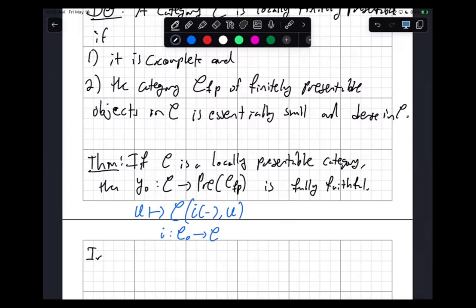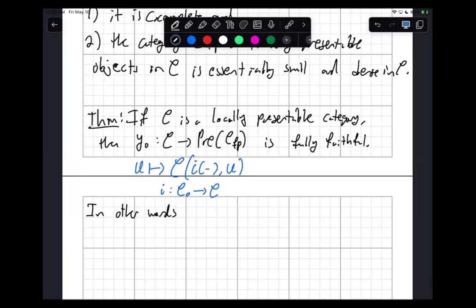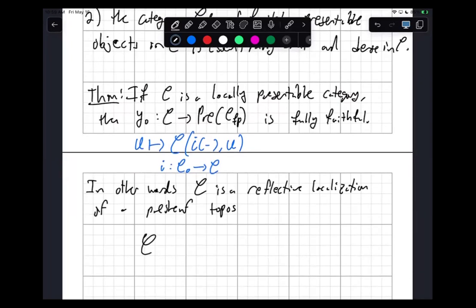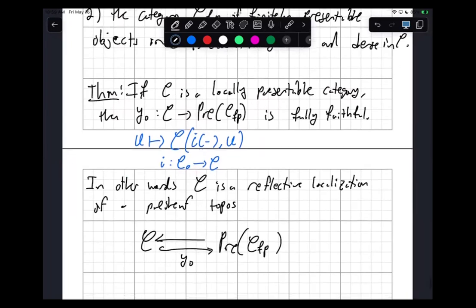In other words, C is a reflective localization of a presheaf topos. So I have C, I have Y0 from the presheaves on the finitely presentable objects, and it has a left adjoint.